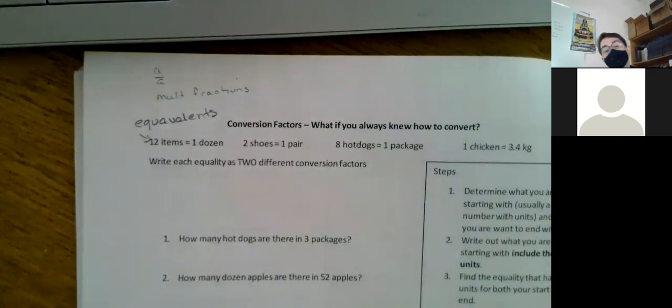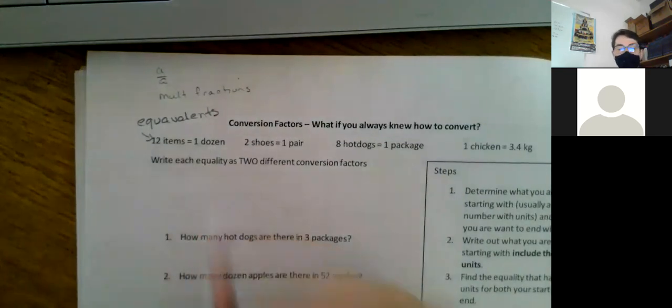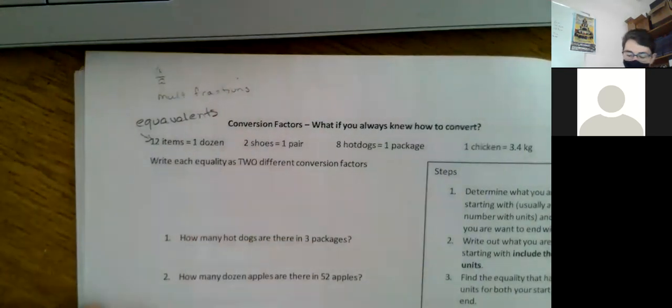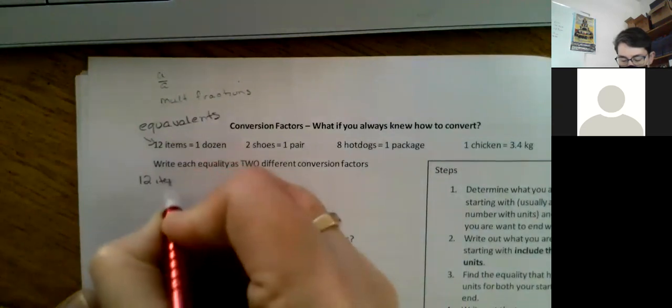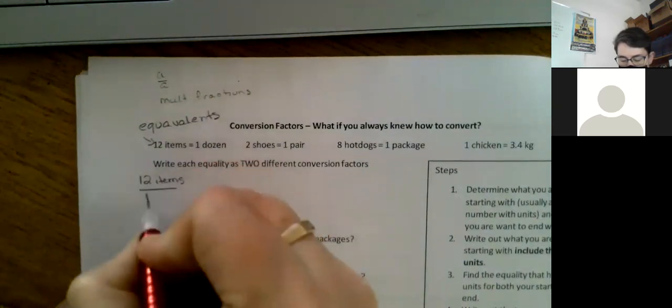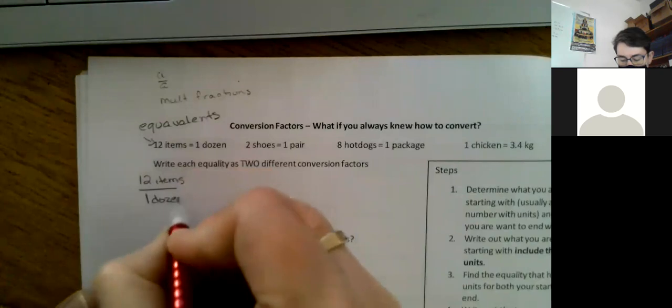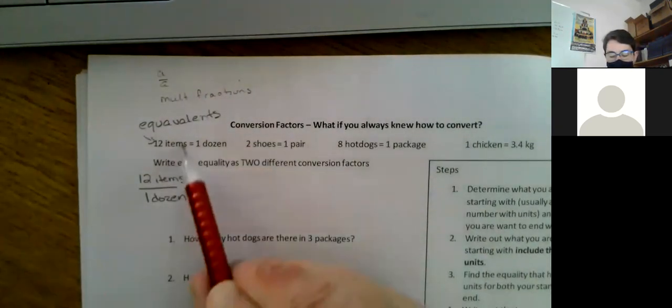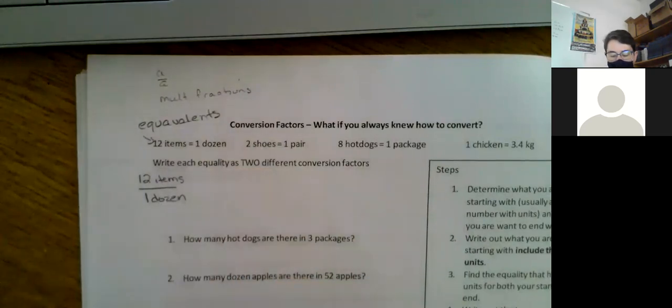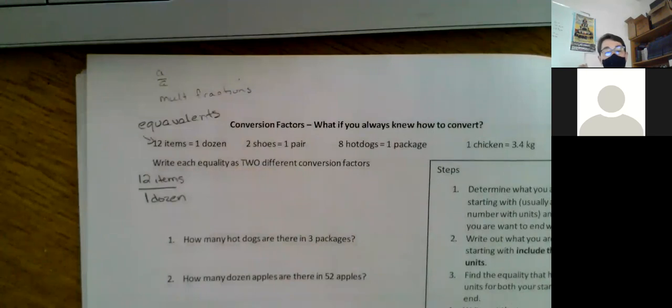A conversion factor is taking this and making it into a fraction. So 12 items, that's a conversion factor. So all I did was put the 12 on the top, the dozen on the bottom. When you're doing these, you have to carry the words with you.